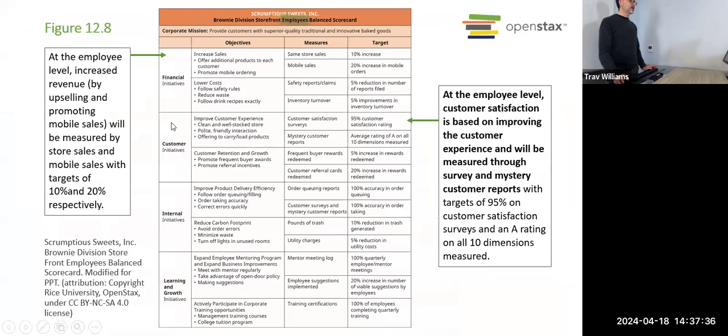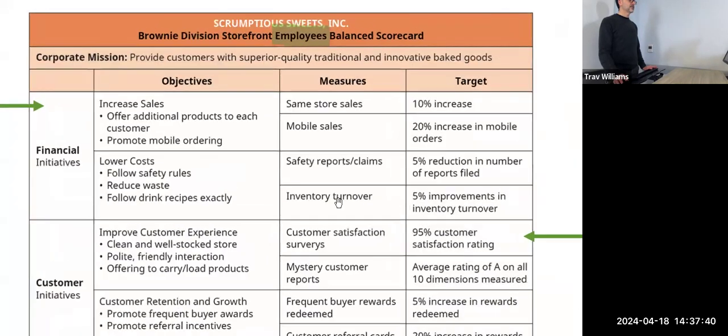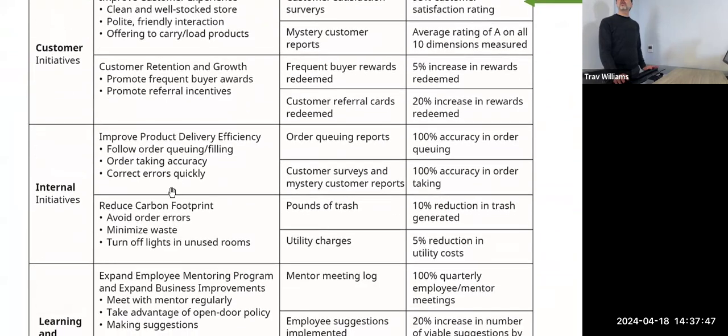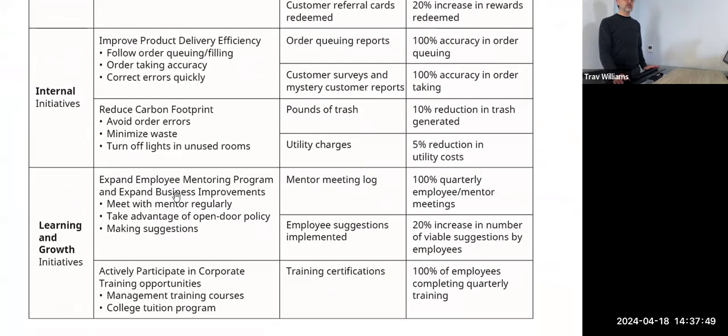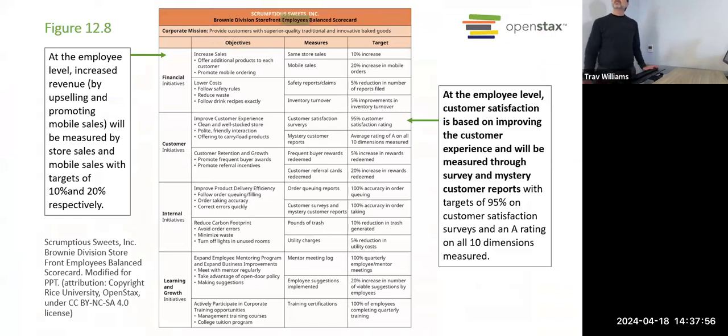And you can even take it down to the level of the manager or even the employee. Now, what is this employee expected to do to help with the financial, the customer, the internal, the learning and growth dimensions, right? So it's a time-consuming process to identify these objectives and these targets and to track them, and then to analyze the performance and to sit down in meetings and talk to the employees.